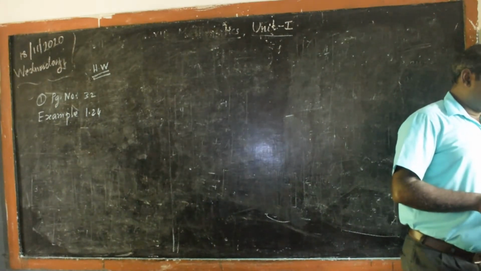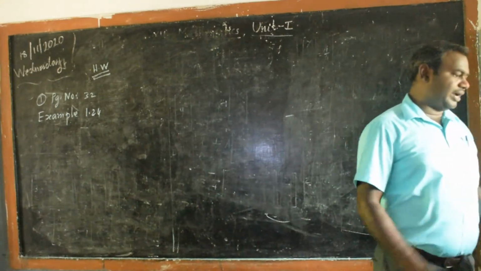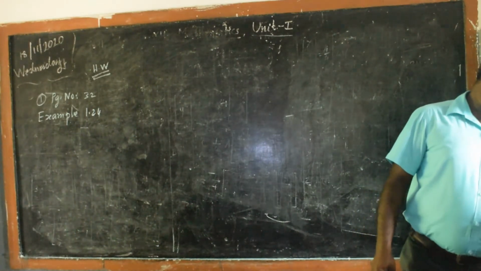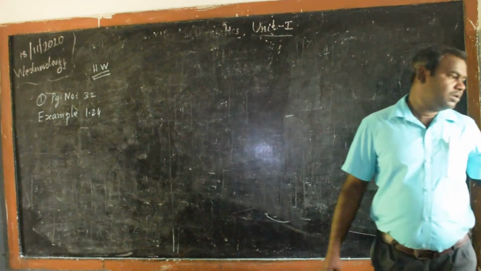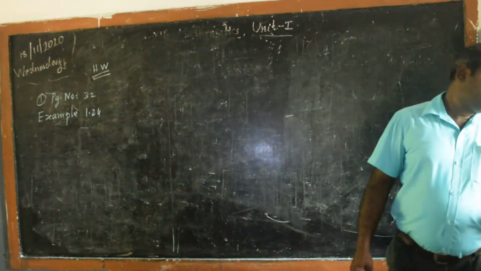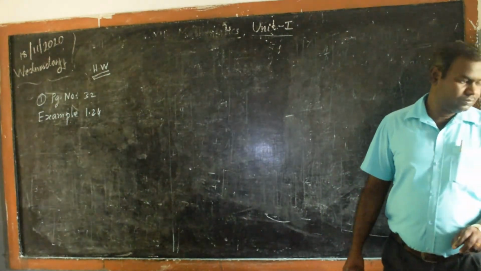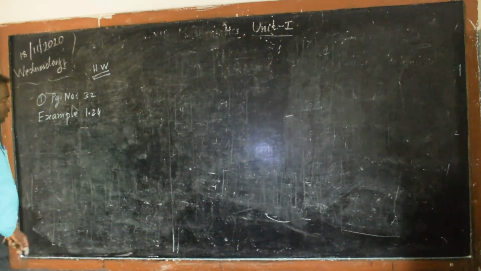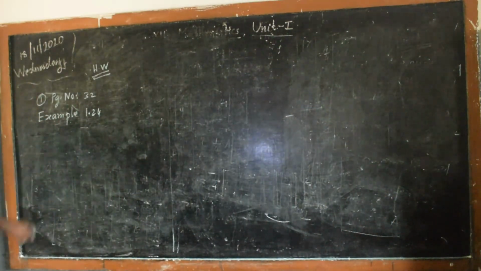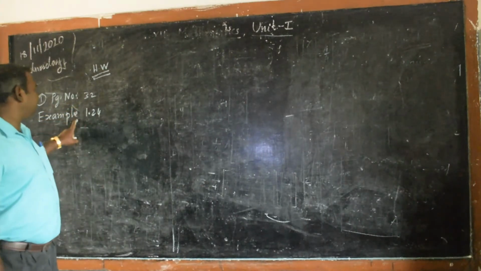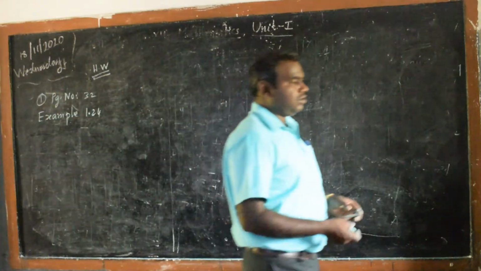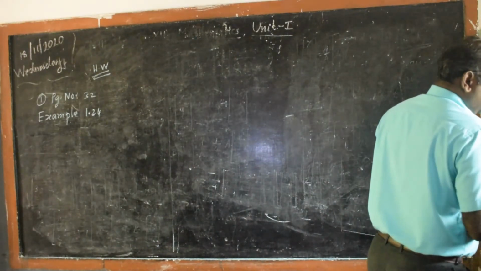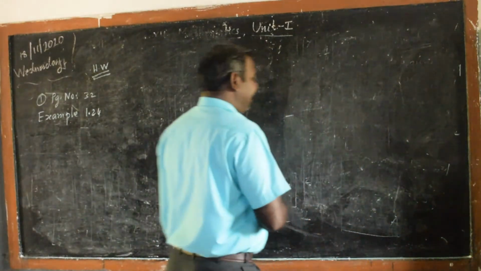Find, if A equals one matrix and B equals another matrix, find this value. Page number 32, Example 1.24.